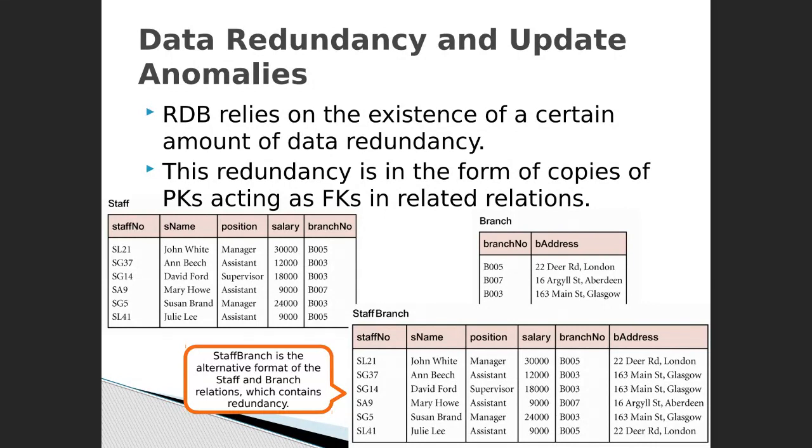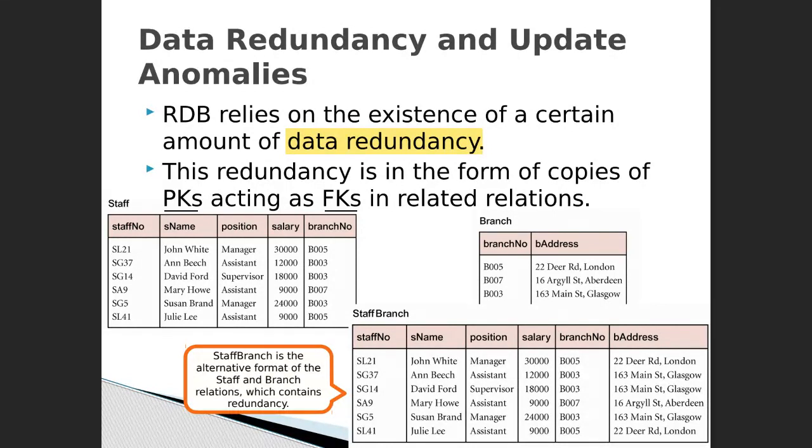So it's normal to have data redundancy within a relational database. But it's in the form of copies, for example primary keys. If we have foreign keys in another relation, they will be related to that primary key.